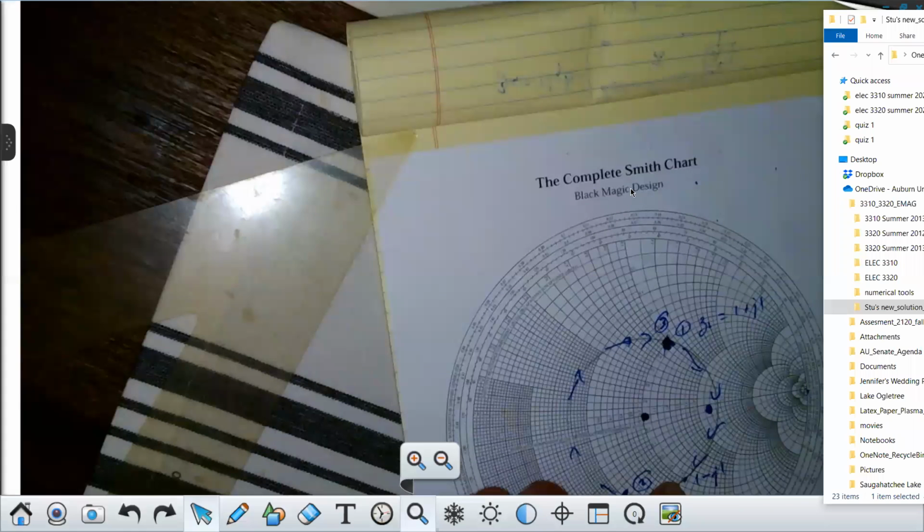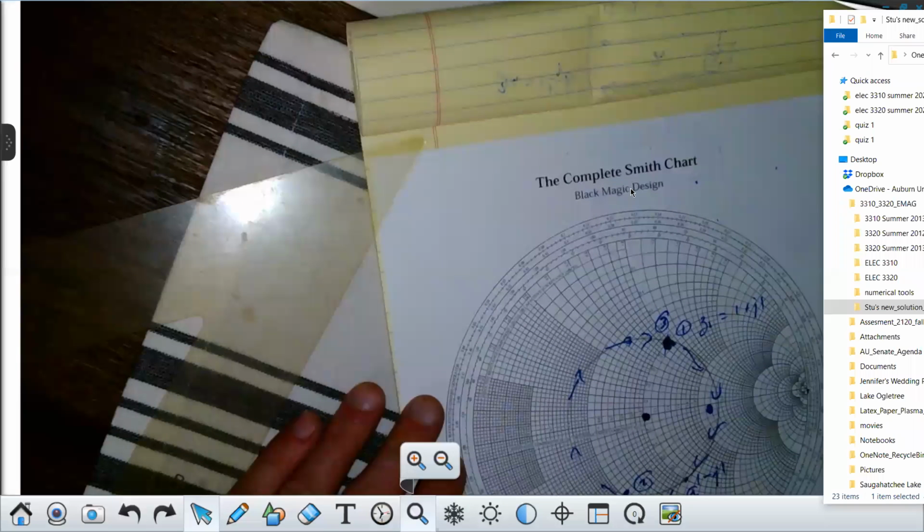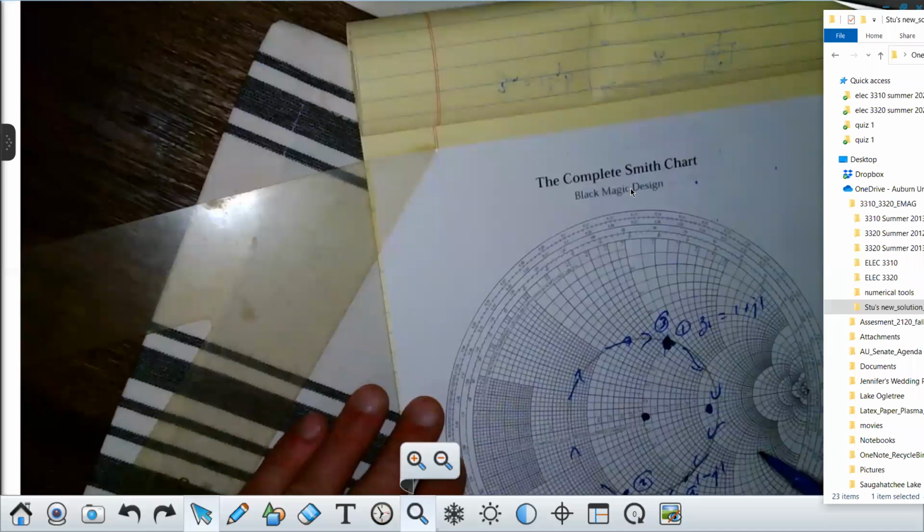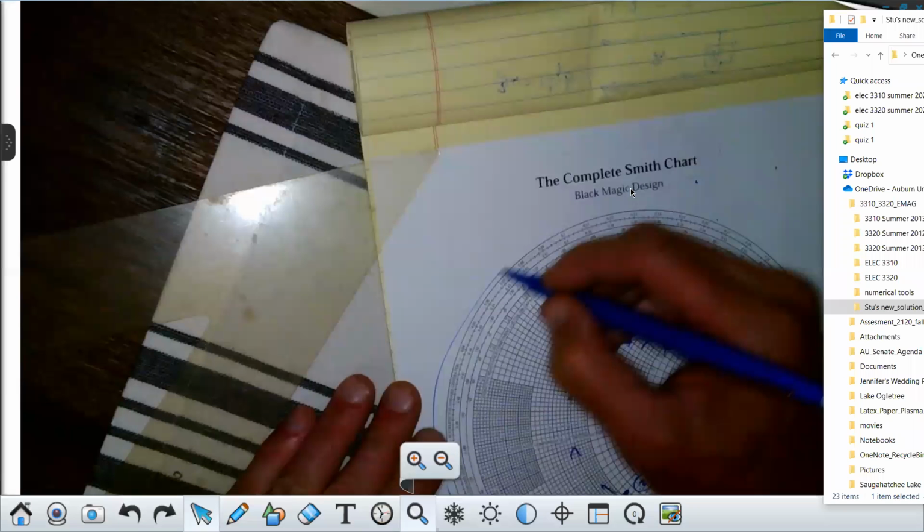This would be 0.4. Either one of these 2 points you're going to move to. So you need to move from here all the way around to here if you want a minus J1 to get rid of. So I'd move from here, all the way around and come to here.